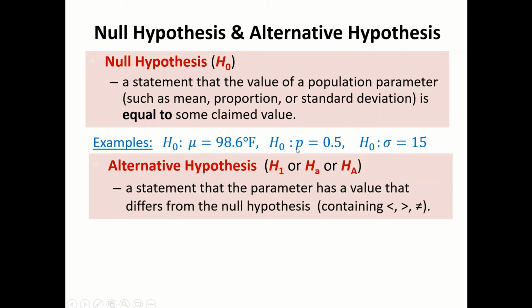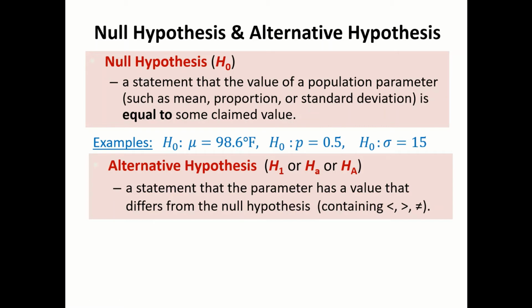P is the population proportion. Here we have the equal sign, is equal to a certain probability. The third null hypothesis is sigma, the population standard deviation is equal to 15. Okay, so these three are null hypotheses. The reason for that is they all have equal signs in their statement.